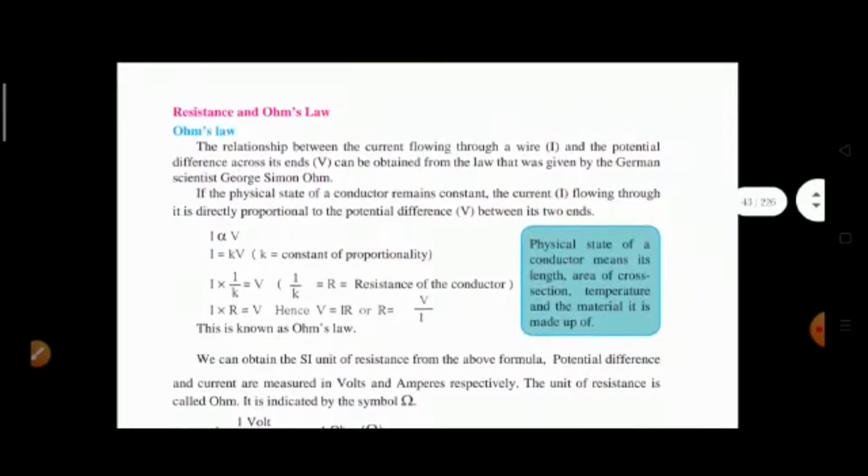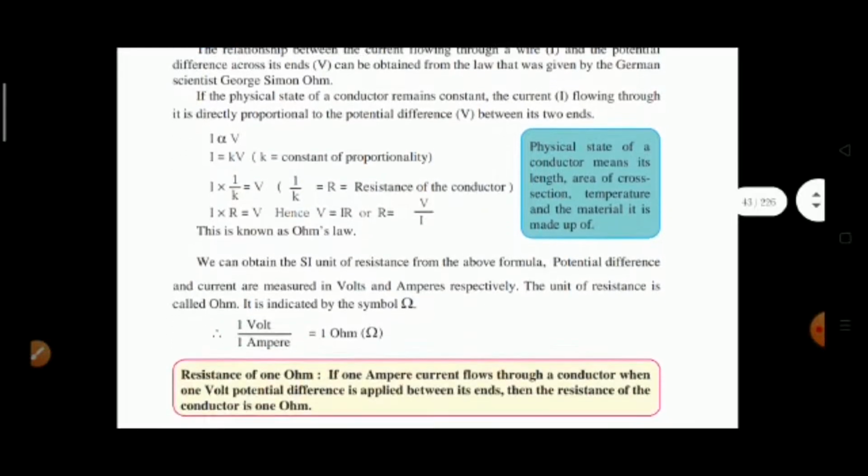Now moving on to what Ohm's law is and how it is related to resistance. German scientist Georg Simon Ohm explained the relationship between the current flowing through a wire, that is I, and the potential difference applied across it, that is V. So the relation is V equals I R, that is the potential difference is equal to the current into the resistance of the conductor.